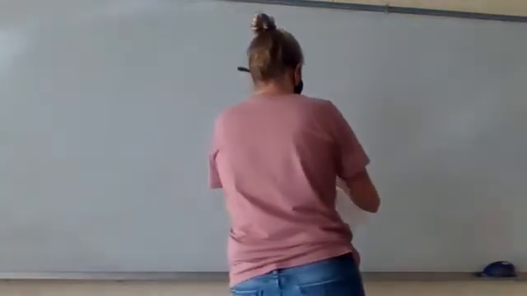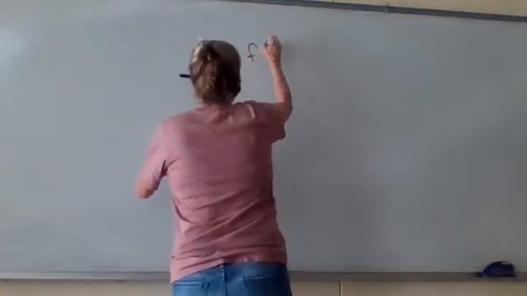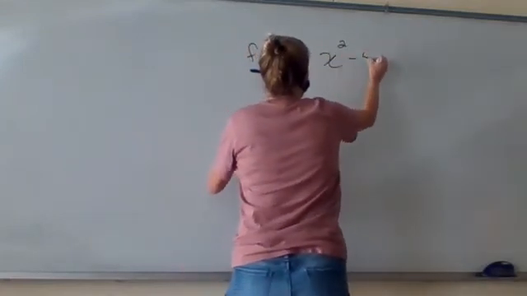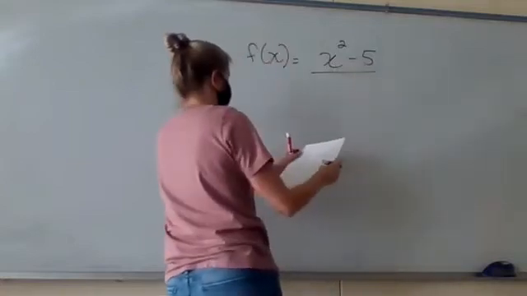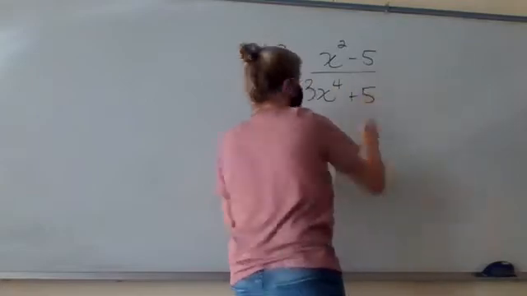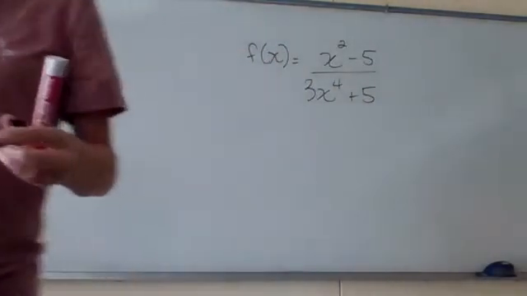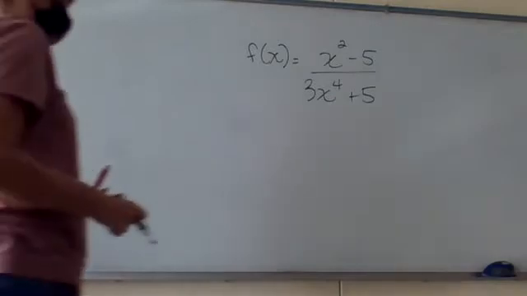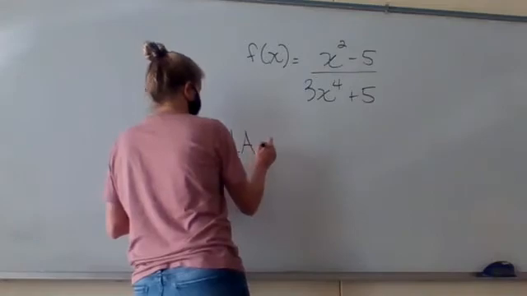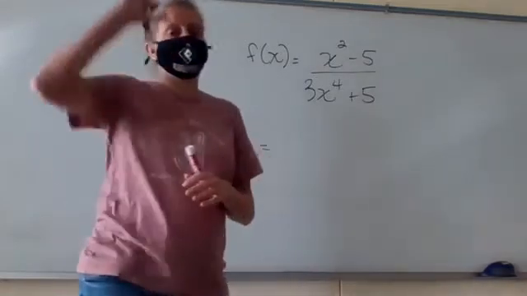All right, on number 21, it says find the horizontal asymptote. Now remember, when you're talking about horizontal asymptotes, you're looking at the degrees.